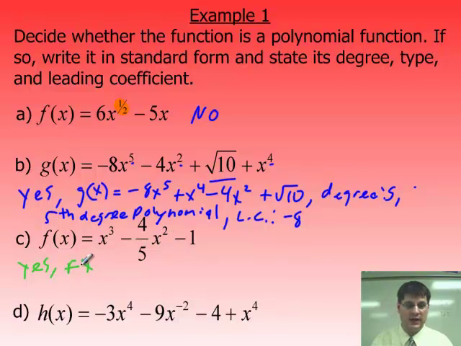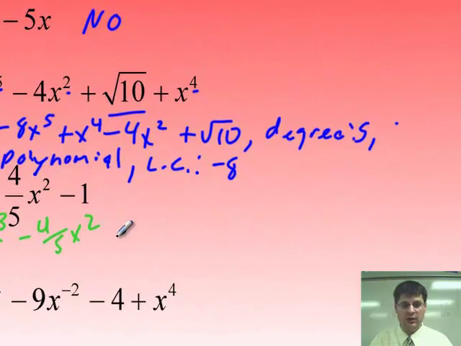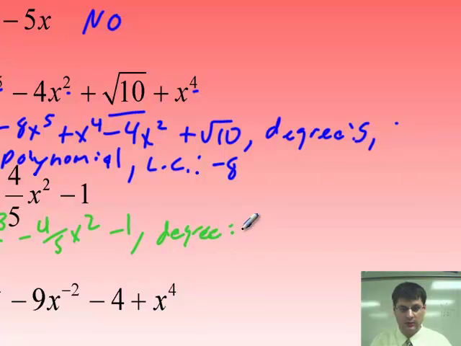So I would say f of x is equal to x cubed minus 4/5 x squared minus 1. The degree is 3. This is a cubic. That's the name of it. And our leading coefficient is going to be a +1.